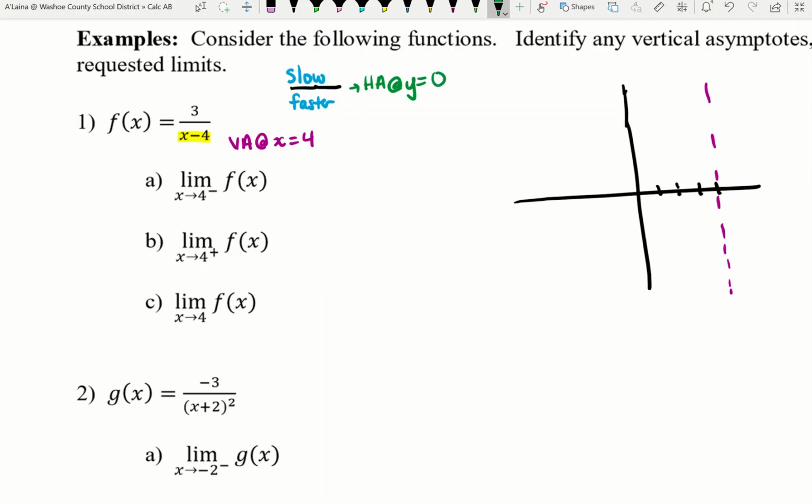In this particular instance, because 3 is a constant on the numerator, the numerator is not growing at all. It's staying at 3. The denominator, though, as I start putting in larger and larger positive values, will become larger and larger. So I'll have 3 over an increasingly large value, which will start to approach 0. So we will have a horizontal asymptote at a height of 0.